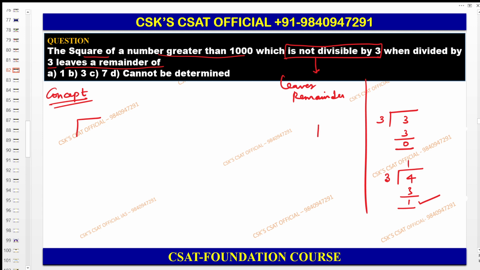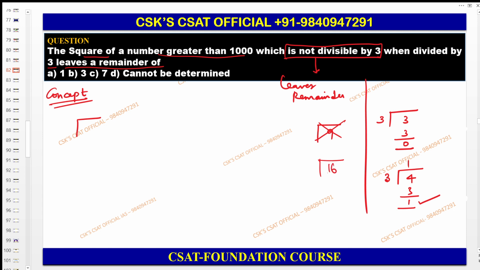Right. Now you can take a perfect square number. Then you can take some other number, 9 also. 9 is divisible by 3, then leave it. The question is not divisible by 3. We should not bother about 9 here. We should bother about 16 here, since 16 is not divisible by 3.